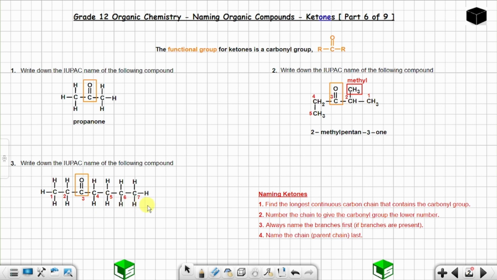You are going to use the prefix heptane. Okay, heptane. And then you have to locate your carbonyl group. You have your carbonyl group on carbon number 3. Okay, and now you can follow this with the suffix one. Now you have heptan-3-one.